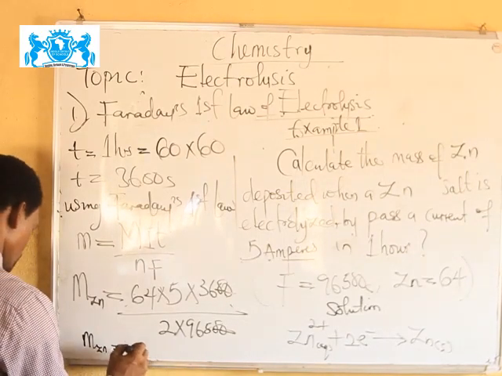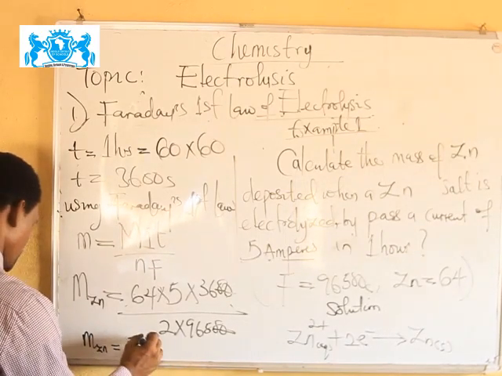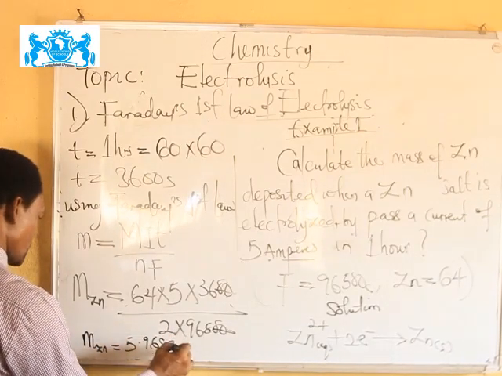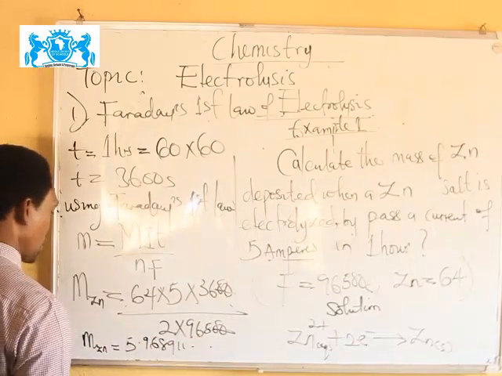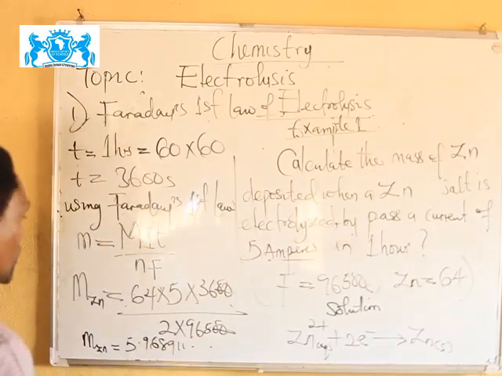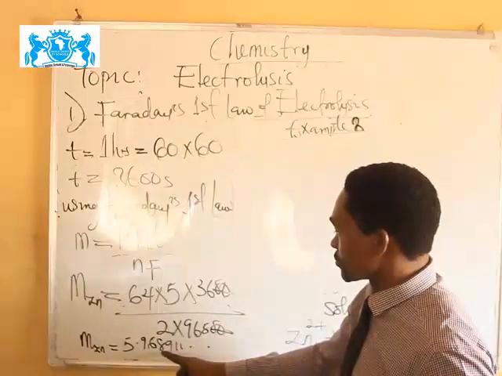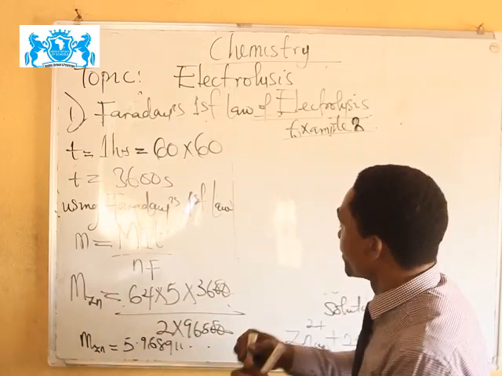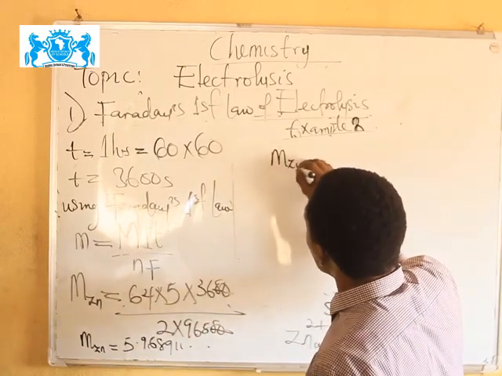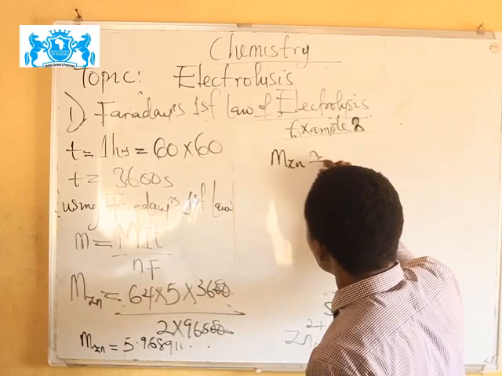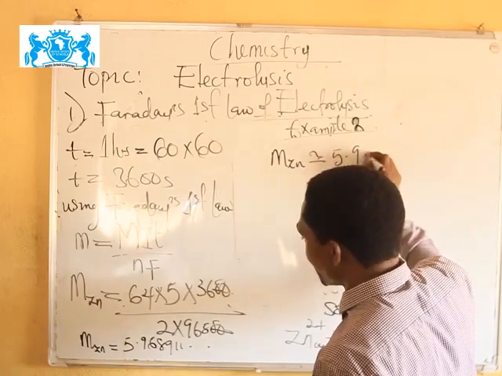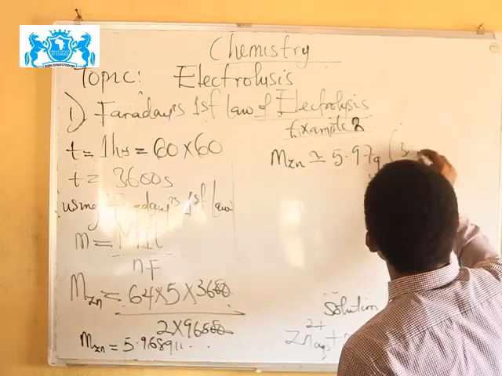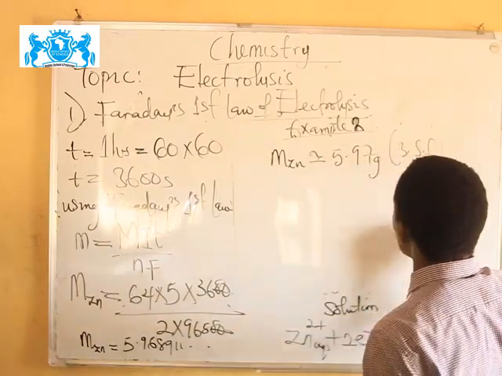Mass of Zn equal to 5.968911 and so on. And in chemistry, preferably your answers are to 2, 3 decimal places. The fourth is 5 and above, so borrow 1 and add here. It becomes mass of zinc deposited will be equal to approximately 5.97 grams, correct to 3 significant figures.